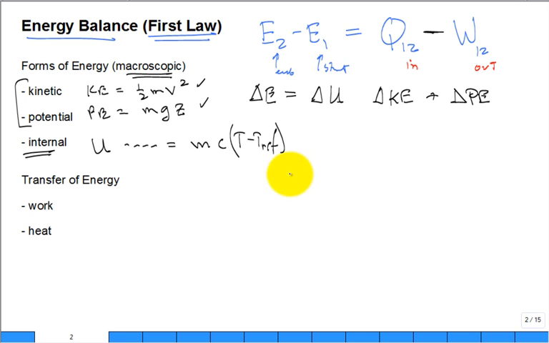Sometimes you can write it as m times u2 minus u1, the mass times the specific internal energy change, or, if appropriate, mass times the specific heat times the final temperature minus initial temperature. I know that's not always true, but if you see the internal energy, think of changes in temperature. But it cannot just be changes in temperature, it could be changes in temperature and pressure.